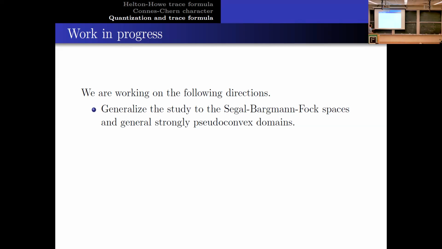Almost all the analysis structure, the Toeplitz operator, Szegő projection, are developed for strongly pseudo-convex domains. So the same question can be asked in that generality. That's the one direction we are looking at, generalizations to more interesting spaces.